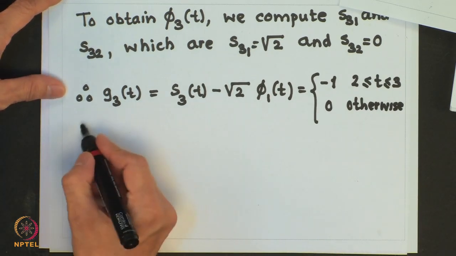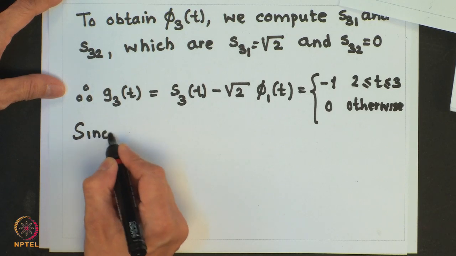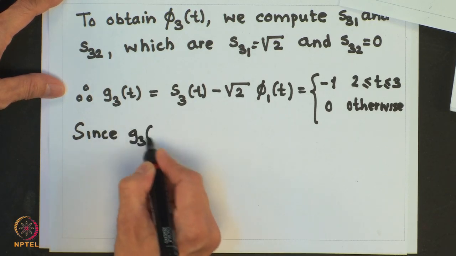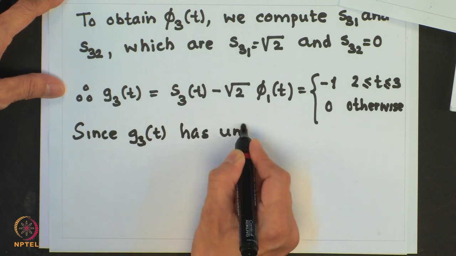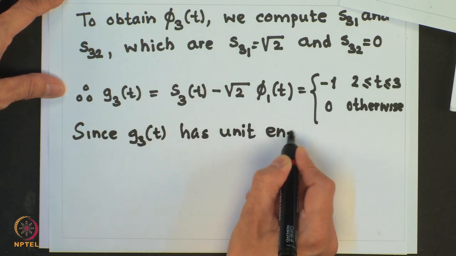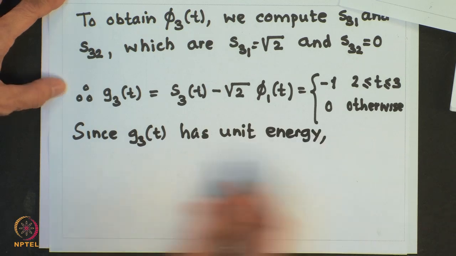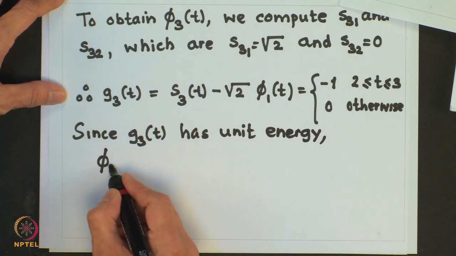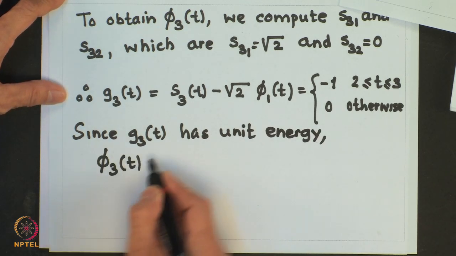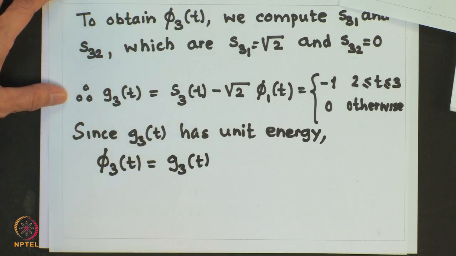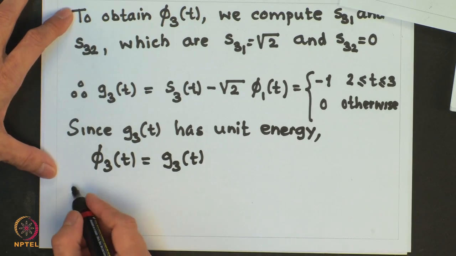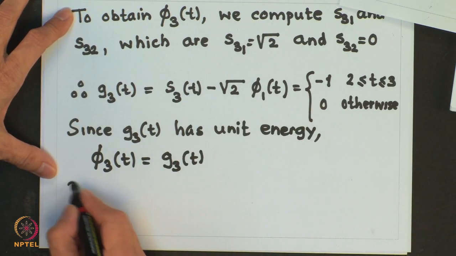So, since g3(t) has unit energy, it follows that your phi 3(t) is equal to g3(t), correct. Now, we have to still proceed.